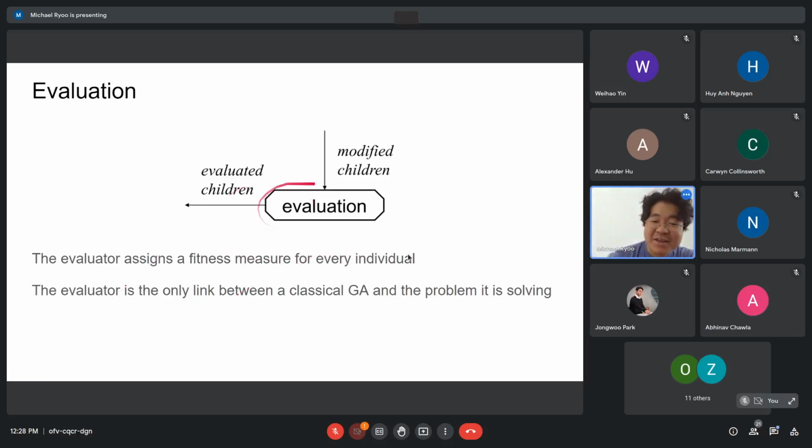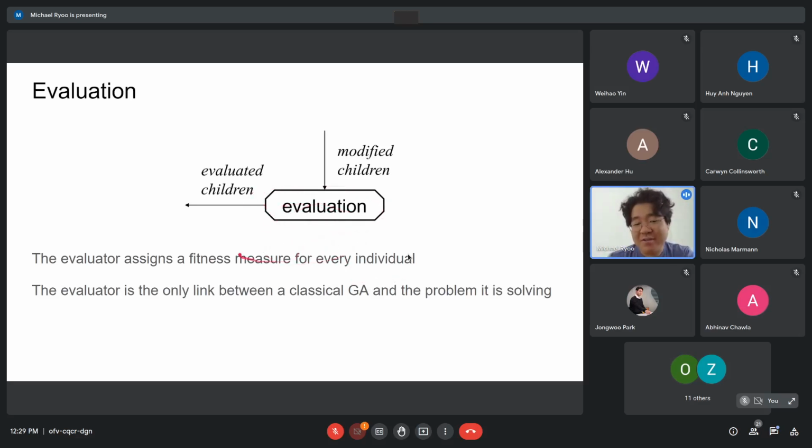This evaluation is the only link between this classical genetic algorithm and the problem it is solving. The genetic algorithm behaves independently of the problem. The only thing that allows genetic algorithms to optimize for the task you are interested in, policy learning, is this fitness evaluation.